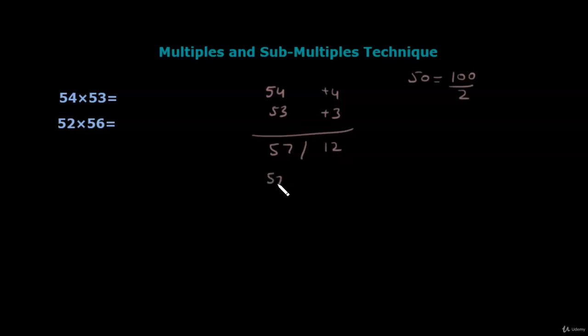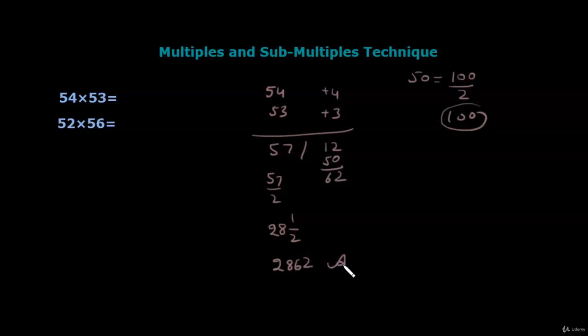If we divide 57 by 2, we get mentally 28 and a half. Now what is the meaning of this half? This becomes 50. So this is 28 and we add this 50 to the second part. And because main base is 100 this time, the second part of the number is a 2-digit number. So this is 62. So we write 62 over here. So this becomes the answer.